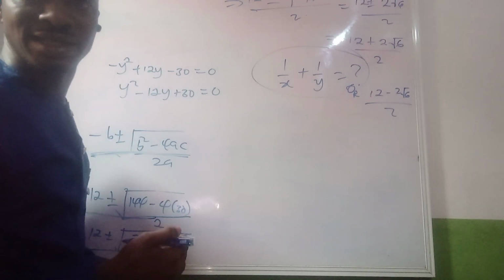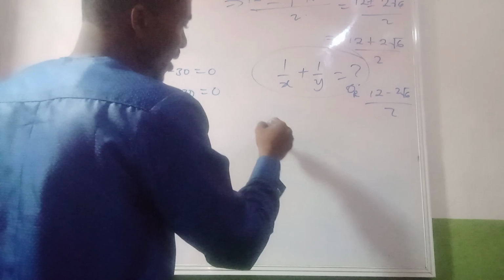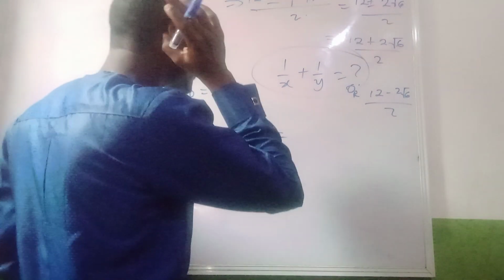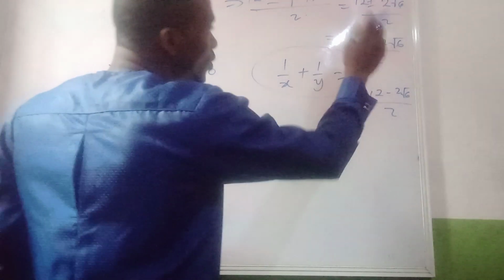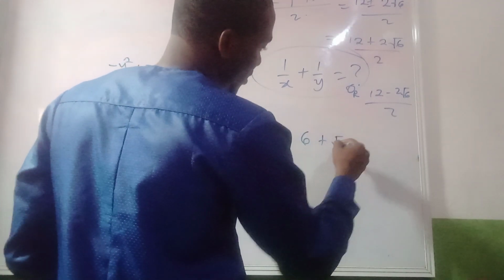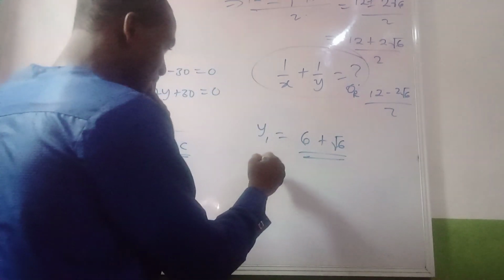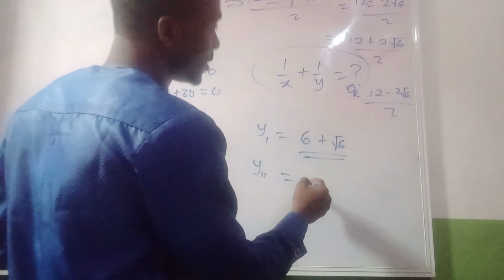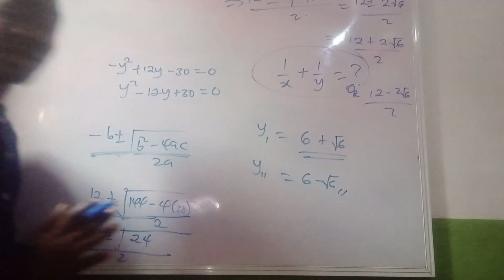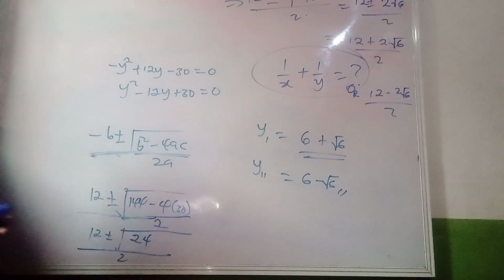Hope we are all seeing this. Now we divide by 2. The first y, let me call it y1, the first answer to y is going to be 6 plus root 6. The second answer to y, let's call it y2, is going to give us 6 minus root 6. These are the 2 answers of y.